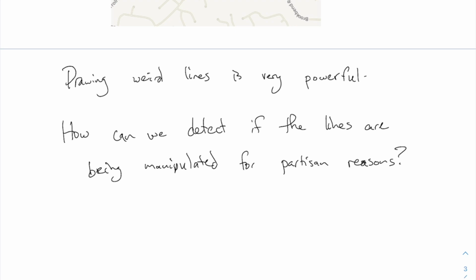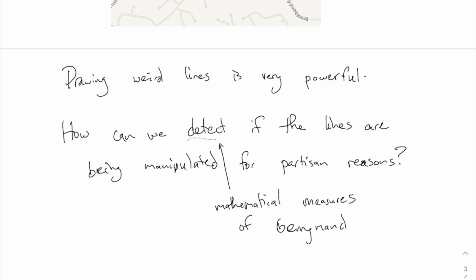And there needs to be some kind of measuring, right? How can we detect? What I mean specifically by this is mathematical measures of gerrymandering. That's what I want to talk about for the next week or so.